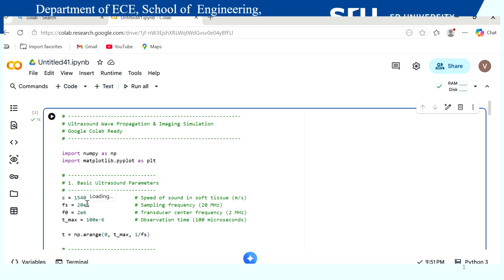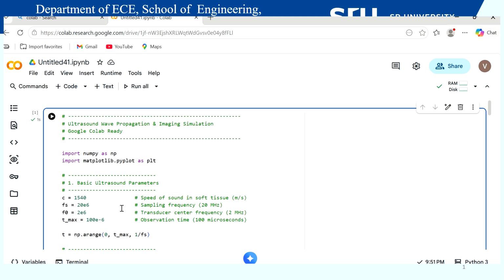And then Fs is equal to 20 e power 6, the sampling frequency of 20 megahertz. Normally the sampling frequency will be very low. For the previous experiments we have taken very small sampling frequencies, but here we are using a very high value.